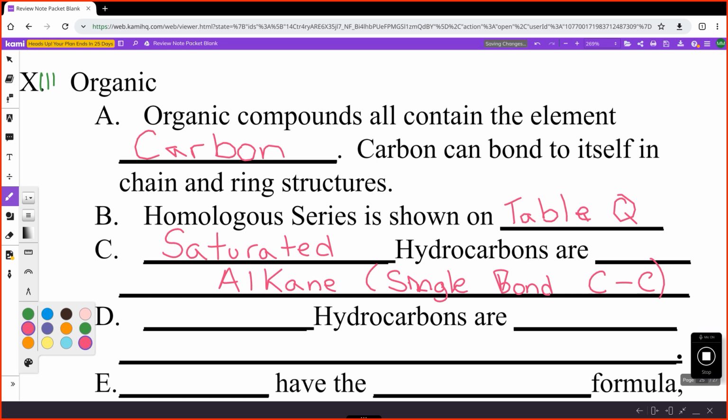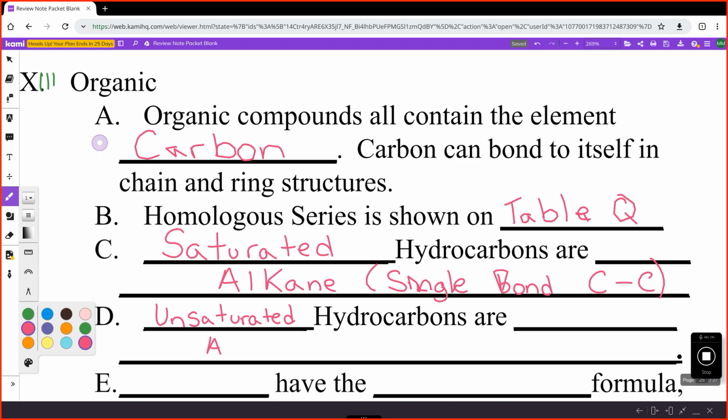An unsaturated hydrocarbon is exactly what you would think it is. It doesn't have what we just talked about. It doesn't have only single bonds. Yes, it will have some single bonds, but it can have doubles or triples.